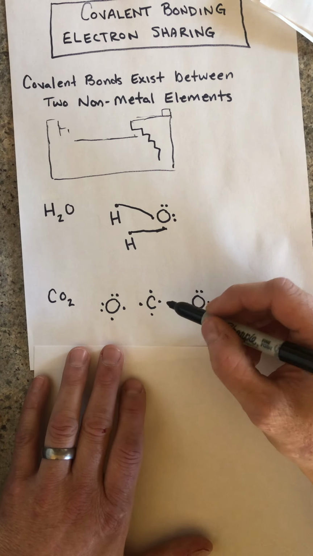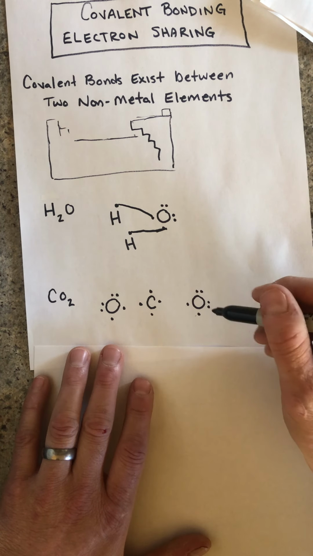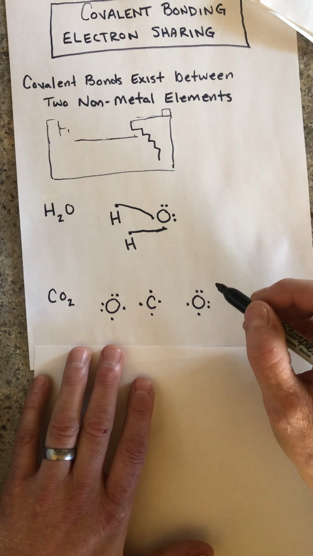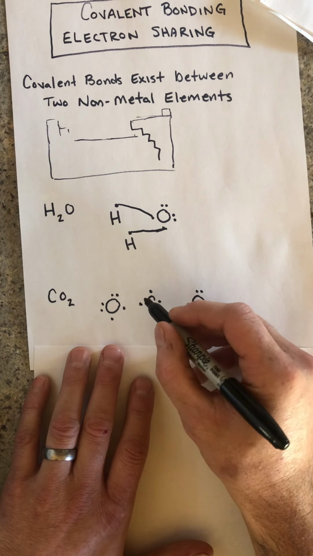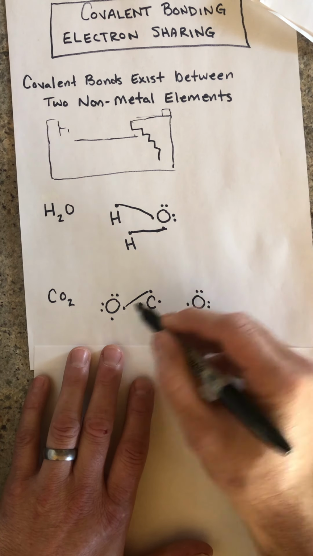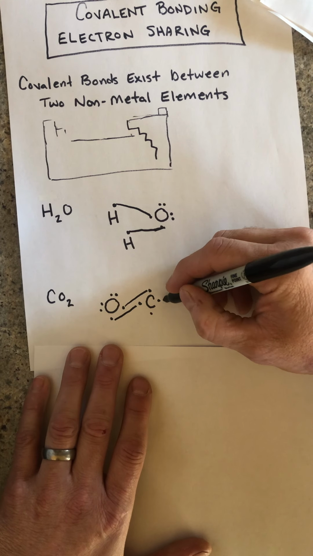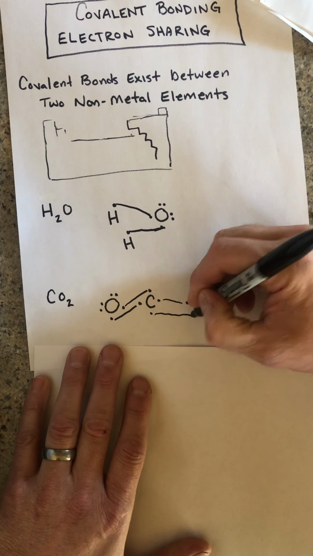So it really wants to link those 4 single electrons up to any other single electrons in the area to form a bond. So the way that this happens is that maybe oxygen will share these electrons with carbon, and then maybe over here they share electrons in this way.